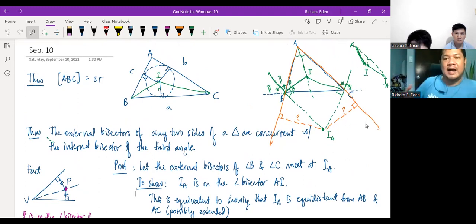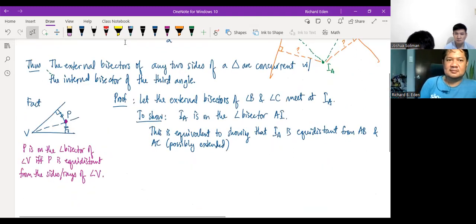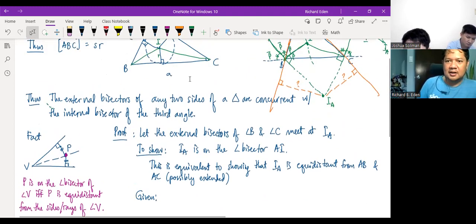Well, we have to go back to what I sub A is. So what is the definition of I sub A? I sub A is on the external angle bisector at B. Okay. So what does that mean, that I sub A is on the external angle bisector of B? Actually, to prove it, you could use the triangles. Okay.